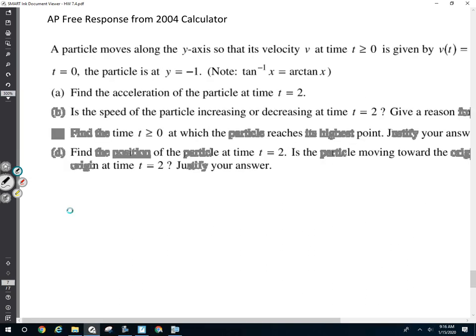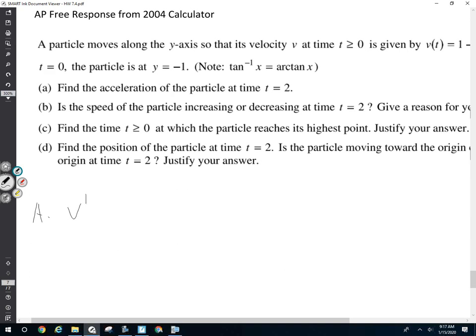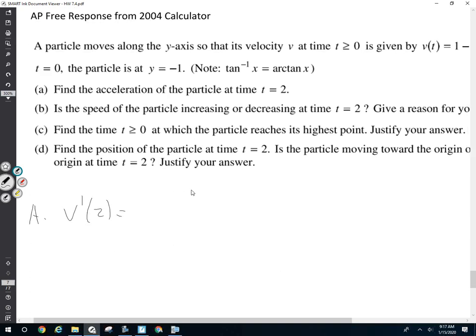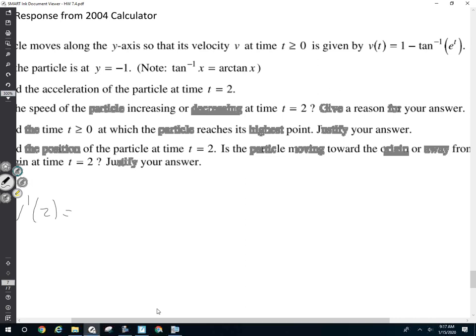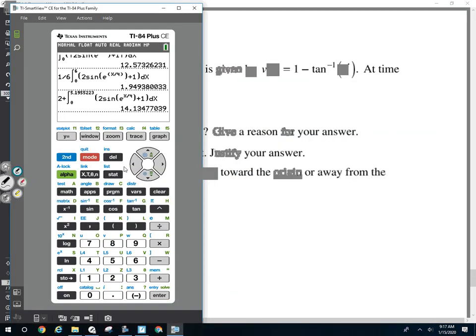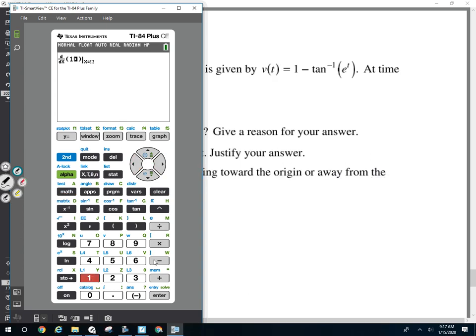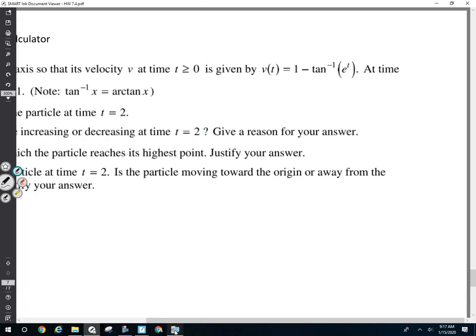Calculator, thankfully. Find the acceleration at time t equals 2. Acceleration is equal to derivative of velocity, v prime of 2. I'm going to use math 8. They don't ask you why or how. Second quit, clear, math, take the derivative with respect to x of 1 minus tan inverse of e to the x at 2.